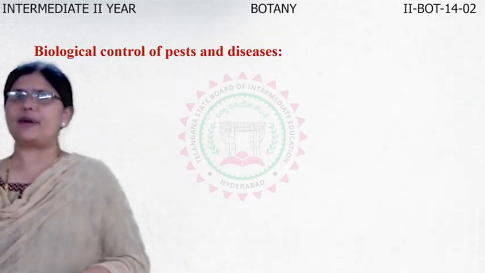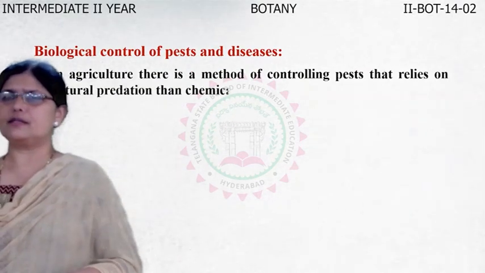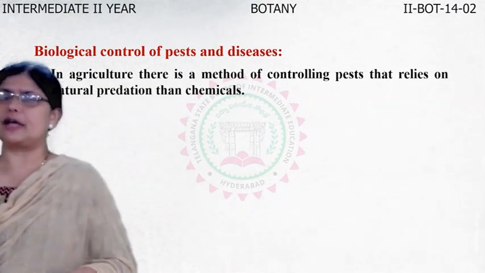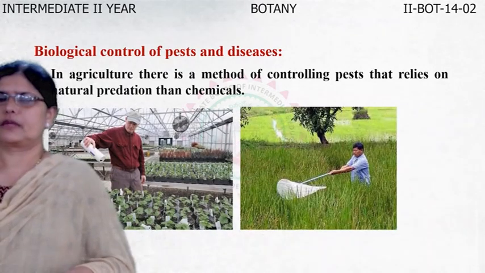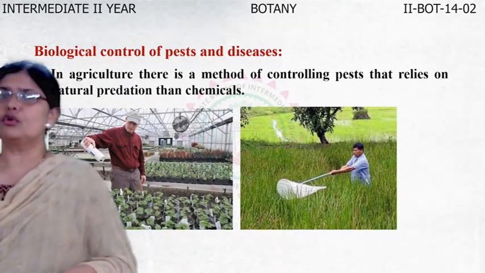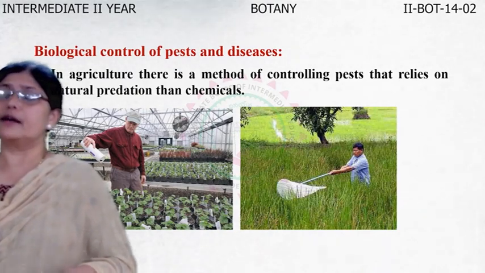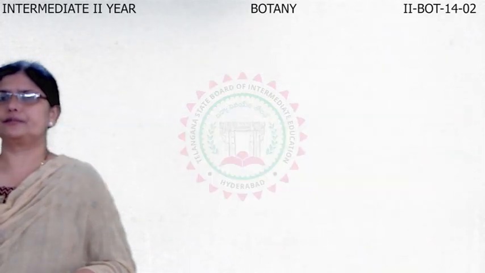Biological control of pests and diseases. In agriculture, there is a method of controlling pests that relies on natural predation rather than chemicals. That is, you use naturally occurring microorganisms to help in combating the diseases or the pests rather than chemicals.